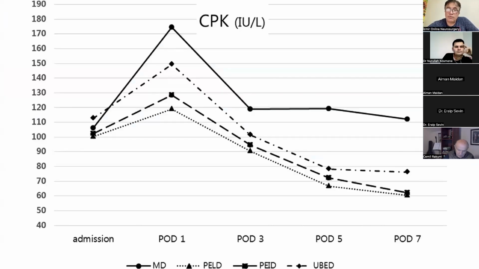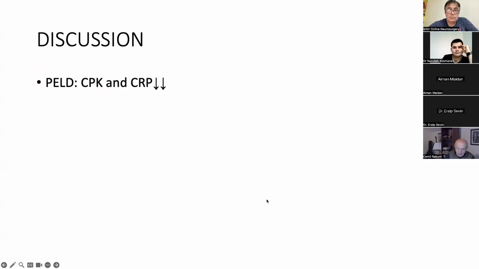This is creatine phosphokinase values. Top straight line, microdiscectomy. Bottom dot line is transforaminal discectomy. This study showed that the transforaminal discectomy group had significantly lower creatine phosphokinase and C-reactive protein levels.